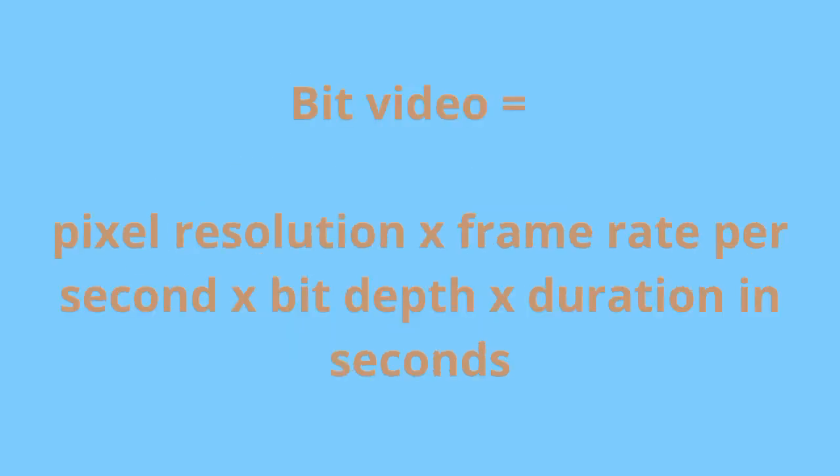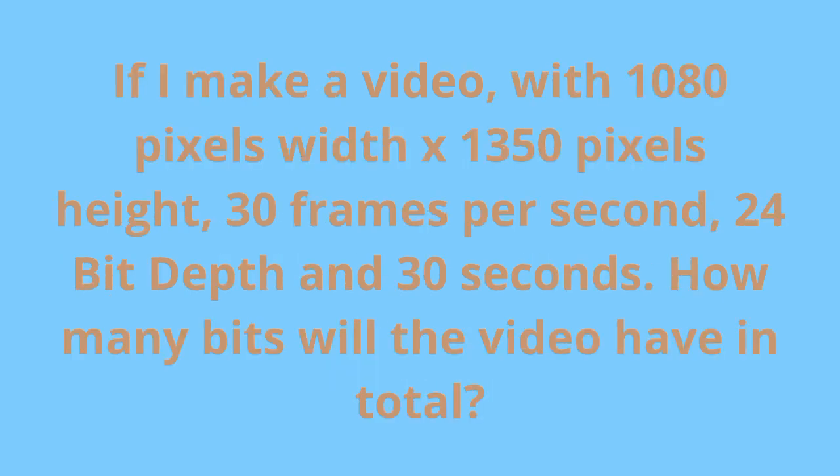And how do you find out the number of bits in a video? To find out the number of bits in a video, you must multiply the pixel resolution times frame rate per second times bit depth times duration in seconds. If I make a video with 1008 pixels wide times 1350 pixels height, 30 frames per second, 24 bit depth, and 30 seconds, how many bits will the video have in total?